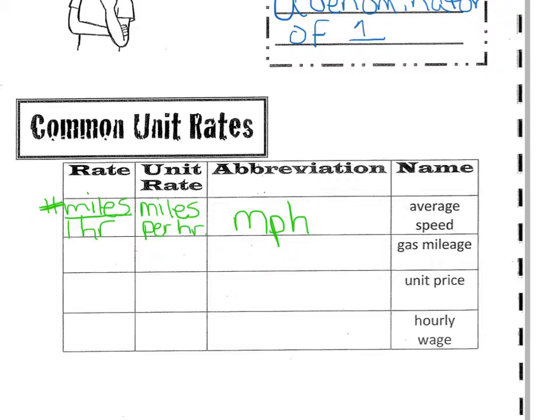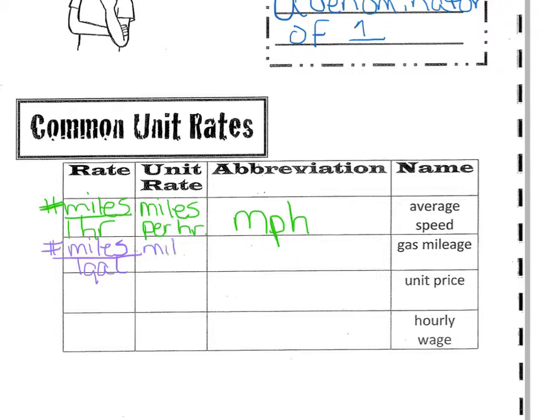Another common rate or unit rate is miles per gallon. You hear about this all the time too when you're talking about price of gas. Number of miles to 1 gallon. It's important that your car get a good miles per gallon because then you don't have to spend as much on your gas.